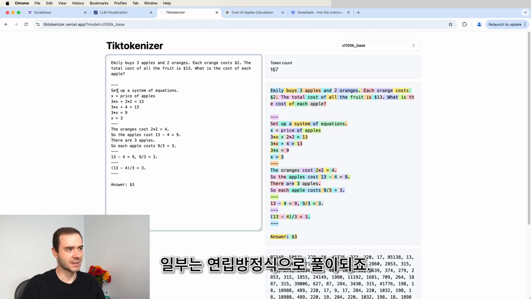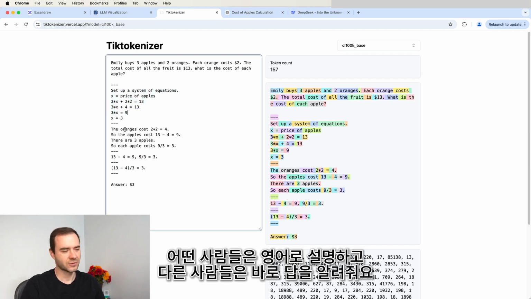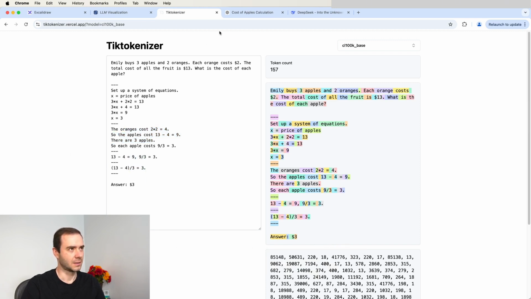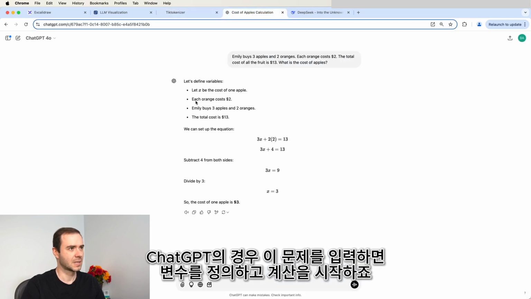Some of these conversations set up a system of equations. Some of them just talk through it in English. And some of them skip right through to the solution. If you look at ChatGPT, for example, and you give it this question, it defines a system of variables and does this little thing.